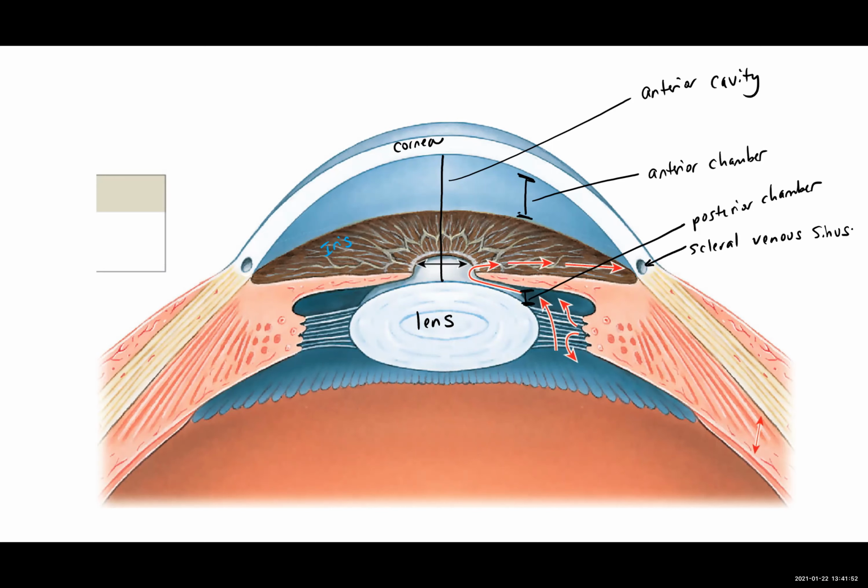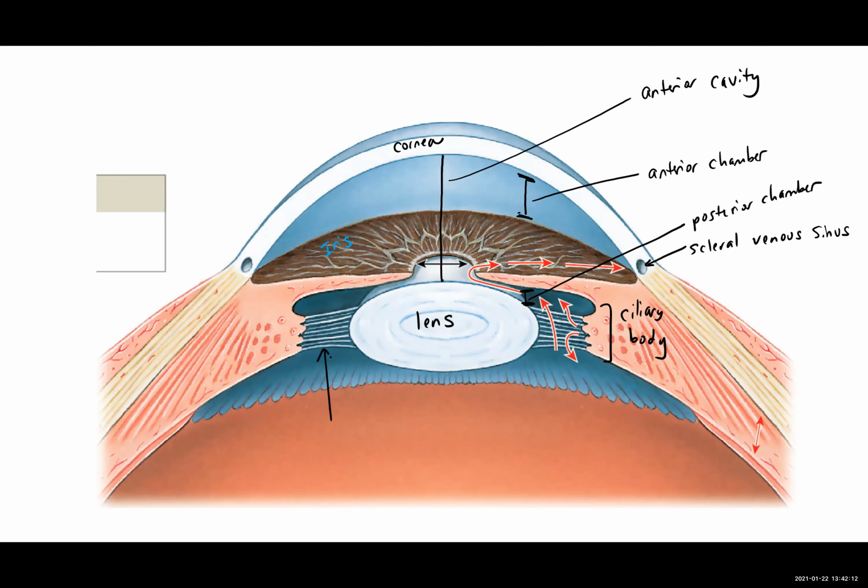The lens is going to be involved in focusing the light as it's being directed back to the retina. And what we'll see is that there's a structure that we will talk about as a ciliary body, which is holding that lens in place and also altering the shape of that lens.